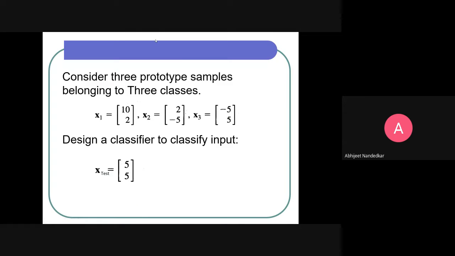Now we will take a simple 3-class problem and assume that we have different samples, and based on those samples we have calculated 3 prototypes, because our problem is a 3-class problem. I have calculated centroids for 3 different classes.